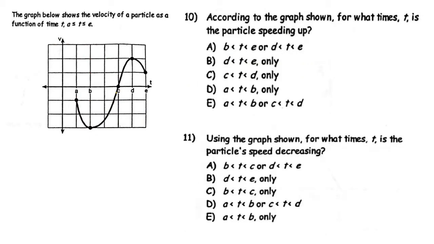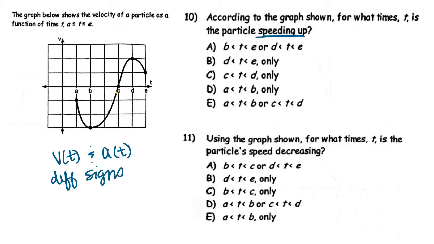Okay, so for number 10, according to the graph shown, for what times t is the particle speeding up? And again, if you're talking about a particle speeding up, then you're talking about velocity and acceleration having different signs.